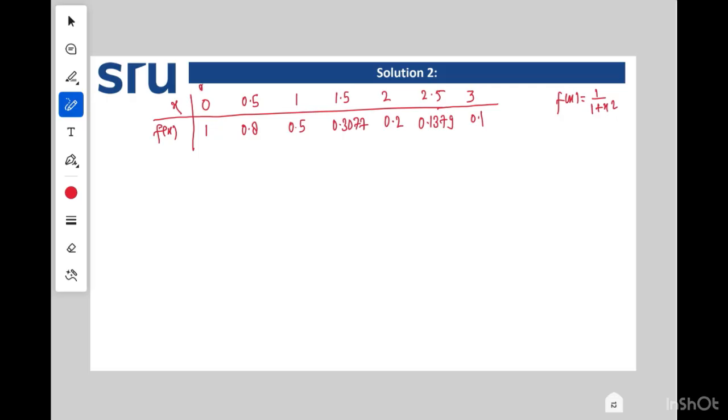So this is your x0, this is your x1, x2, x3, x4, x5 and x6, okay. So total 7 data points we have in this case.